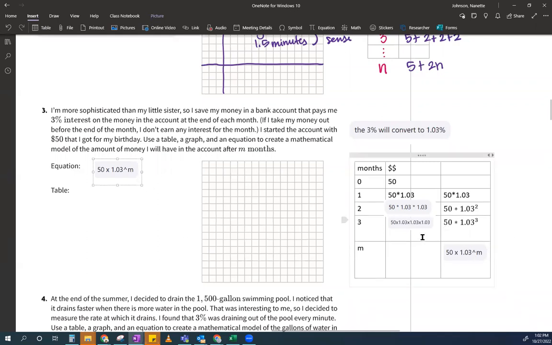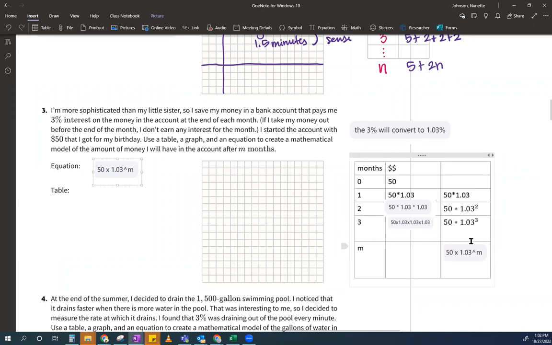Well, because Miss Johnson was lazy and didn't want to write all of those 1.03s out. Isn't math great with lazy people? One of you wrote this all out: 50 times 1.03 times 1.03 times 1.03. You were all diligent, and Miss Johnson's like, nope, shortcut.